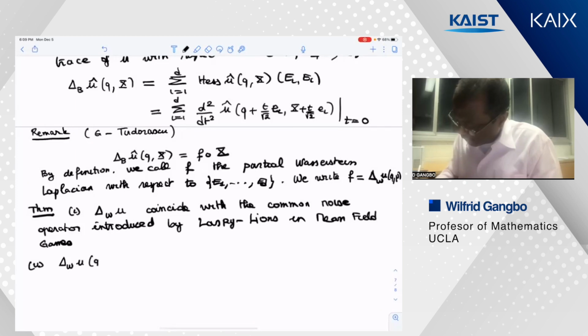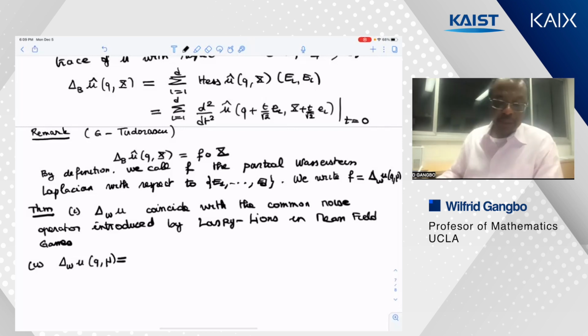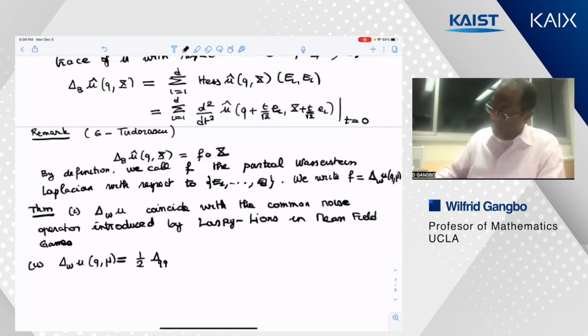The Wasserstein Laplacian of U at (q, mu) is equal to 1/2 the Laplacian, the finite dimensional Laplacian of U at (q, mu), plus 1/2 the integral over Rd, the trace.